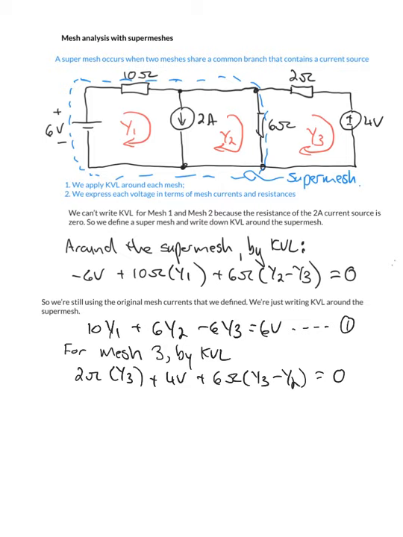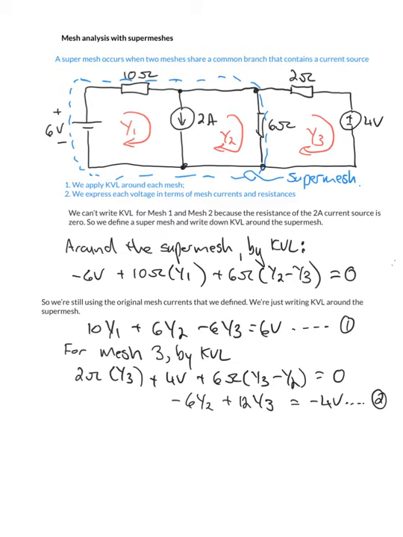And so if we gather like terms, then we get minus 6 Y2 plus 12 Y3 is equal to minus 4 volts. And that's the second equation that we need to solve for all the unknown mesh currents.